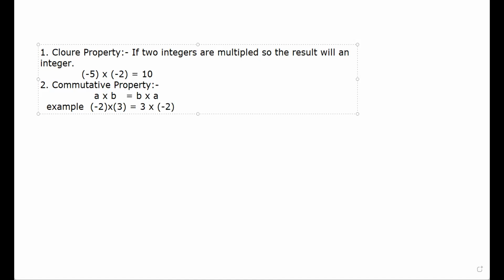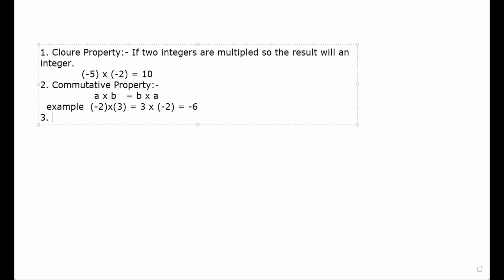In both cases the result will be the same, that is -6. So my dear students, you can easily understand that if you change the order, whether we multiply -2 into 3 or 3 into -2, the result will be the same. This property is called the commutative property. My dear students, I hope you get this point.